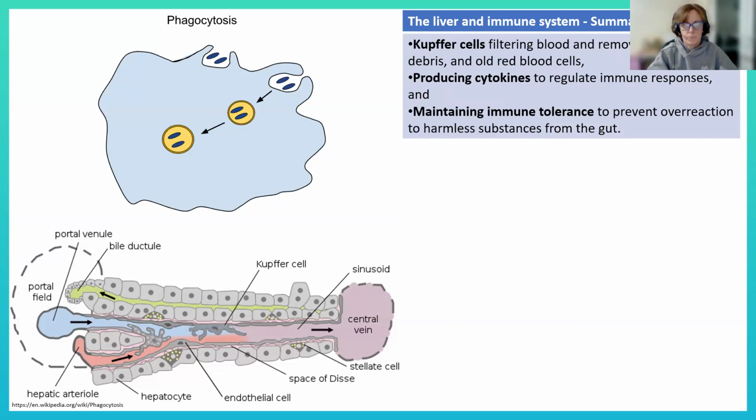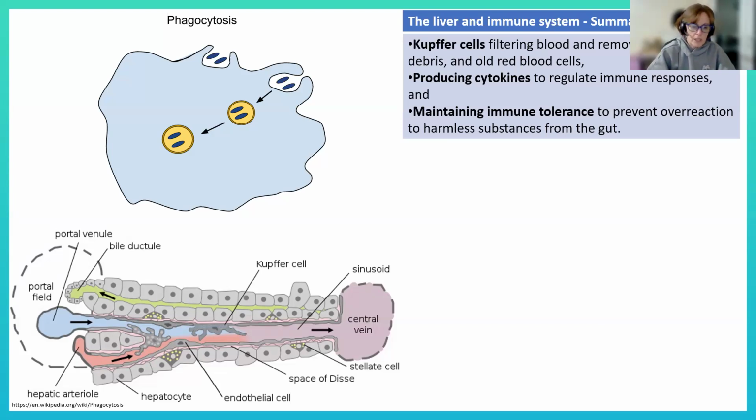So summarizing then what's going on, we've got the Kupffer cells, they filter the blood, they're fixed in position, they remove pathogens, debris, old blood. So they remove the old red blood cells as well. That's really important. Some of that debris ends up in the bile as well.